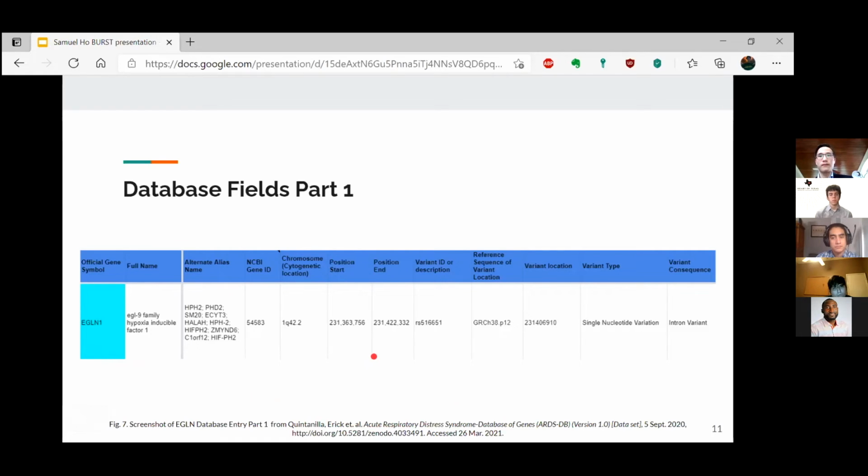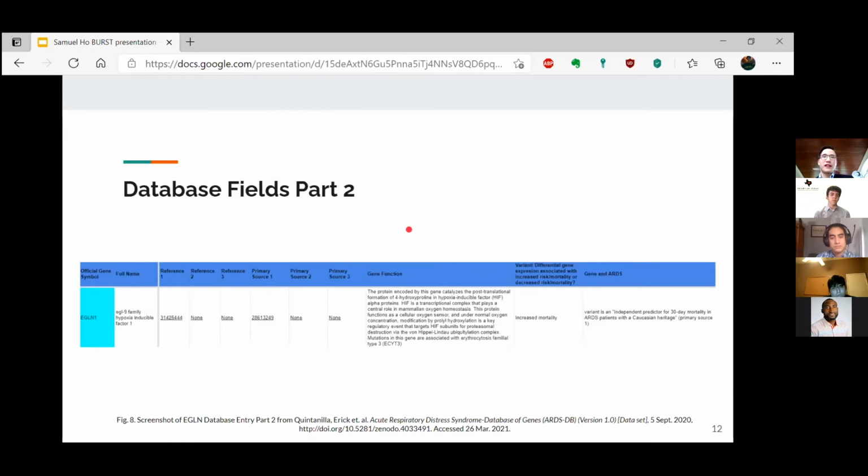These 5 columns pertain to the variant that could be linked to ARDS, although this was a much more specific thing to particular genes and didn't apply to all genes. I would be happy to go into this more in the questions section, but basically this was obtained through further research on experimental studies that might mention a particular variant that was linked to ARDS.